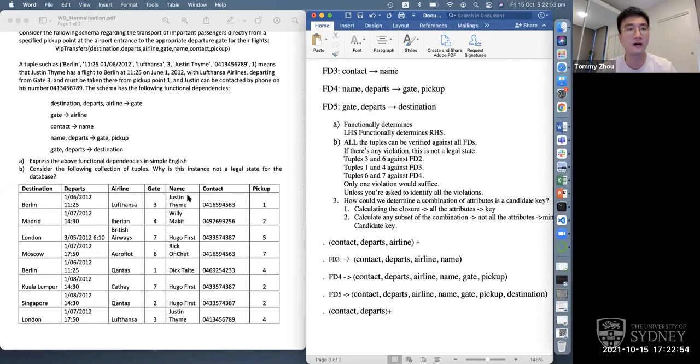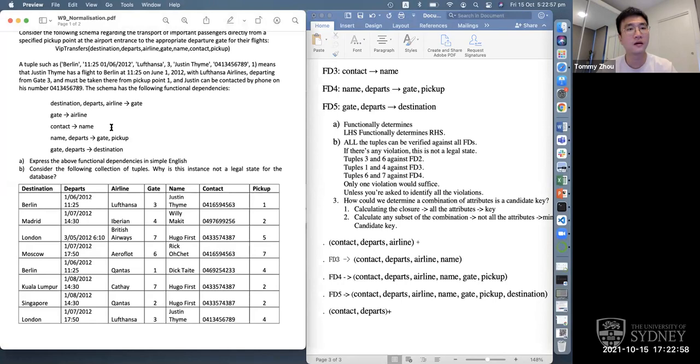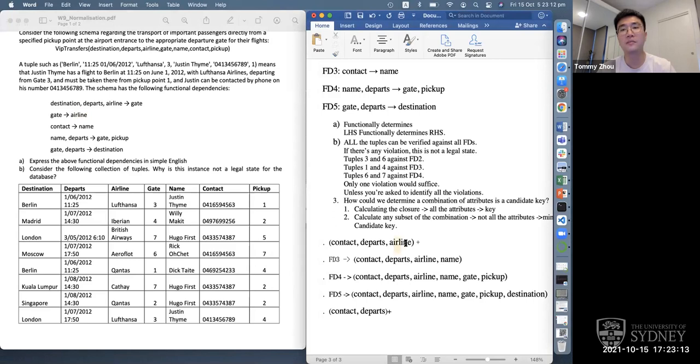However, contact can get you the name, and name and departs together will get you gate, and gate determines airline. That means airline can be determined from this combination.